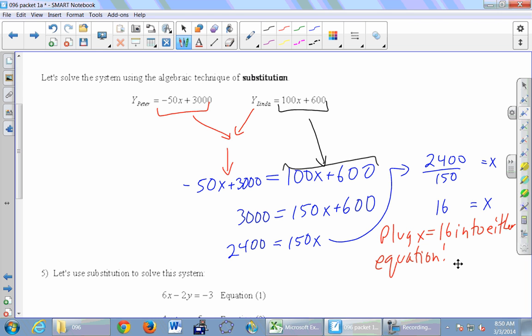I'll plug it into Linda's equation. Let's see, so that says 100 times x plus 600. 100 times 16 plus 600.